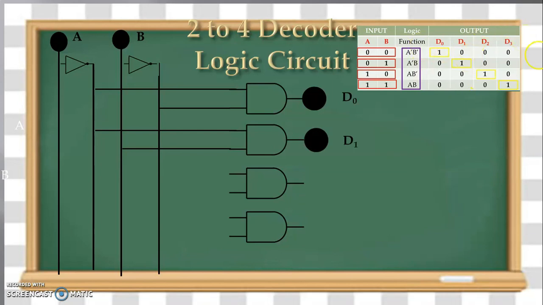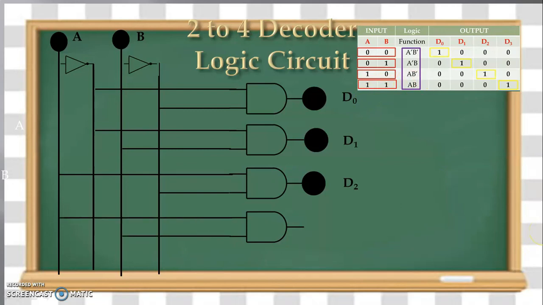For the third output line, D2, the input combination is 1 0, that is A dot B bar, and we have the third output line D2. And for the last output line D3, the input combination is 1 1, meaning A dot B. So we give A dot B and we get the output D3.